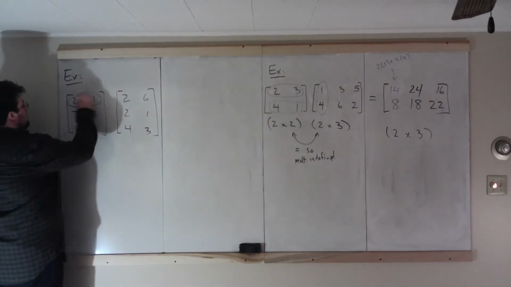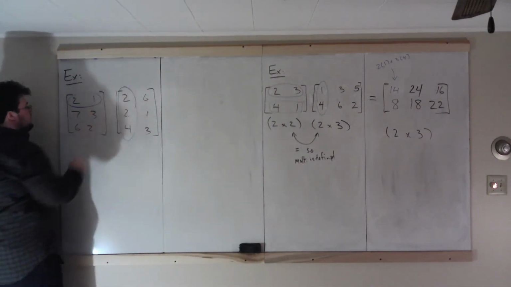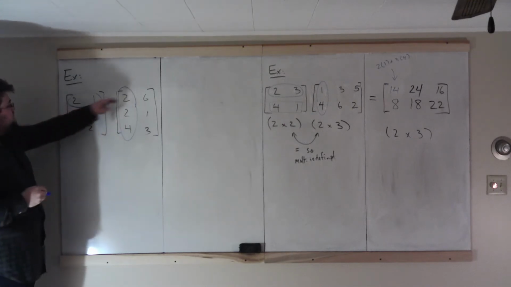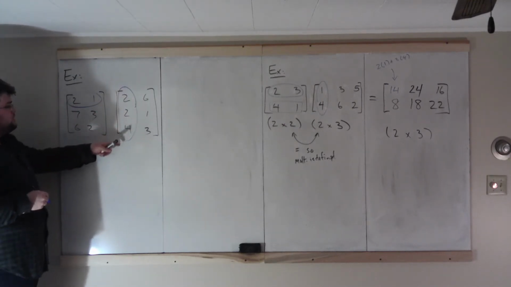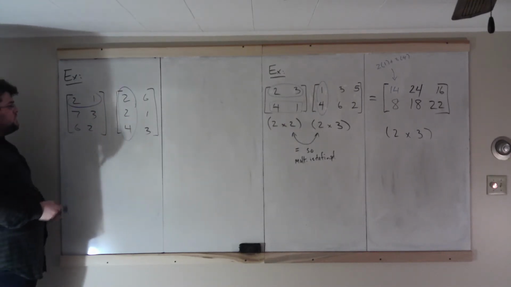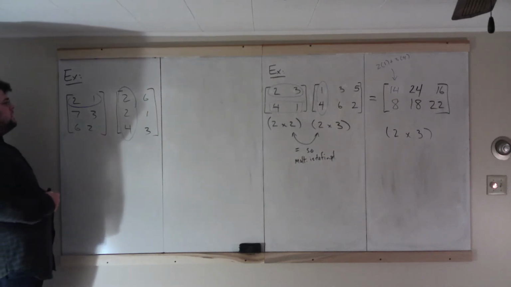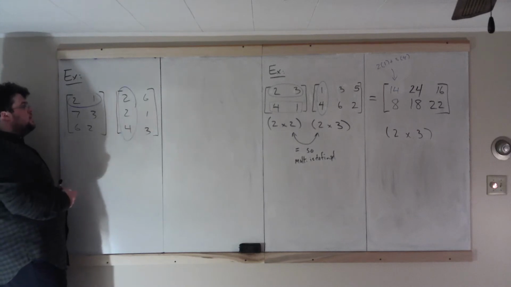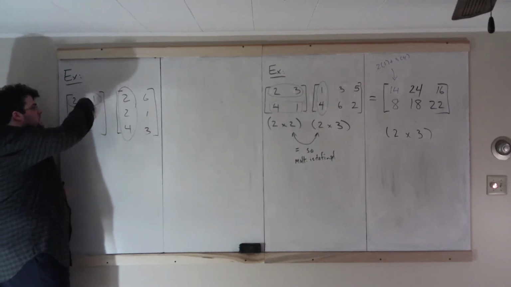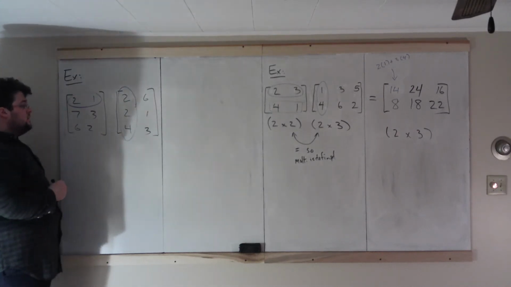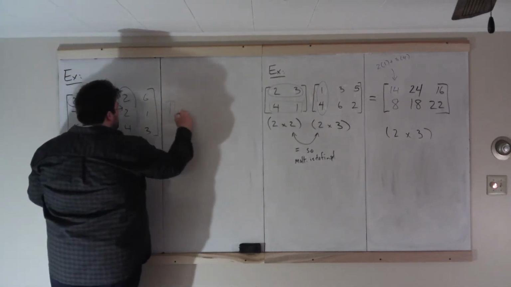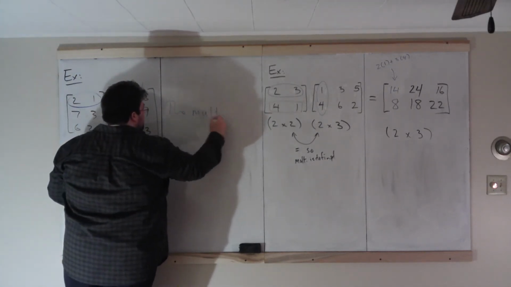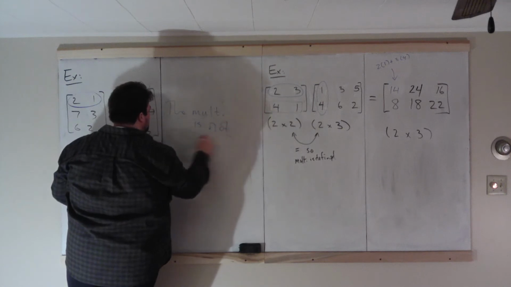Row, column. 2 times 2, 1 times 2, 4. This 4 doesn't have something matching up with it. So right here, row times column isn't defined, because this isn't going to match up with that. So the multiplication is not defined.